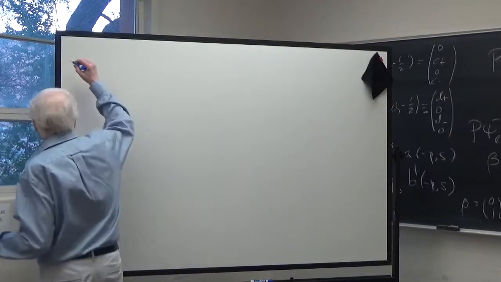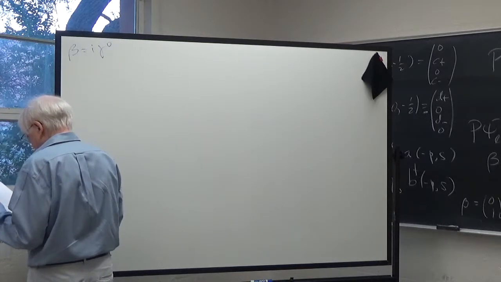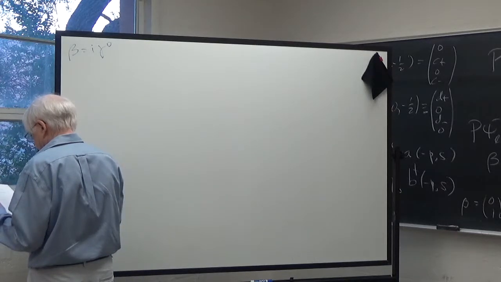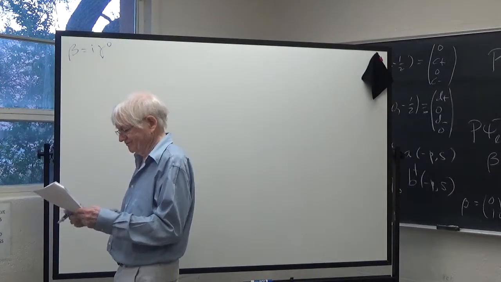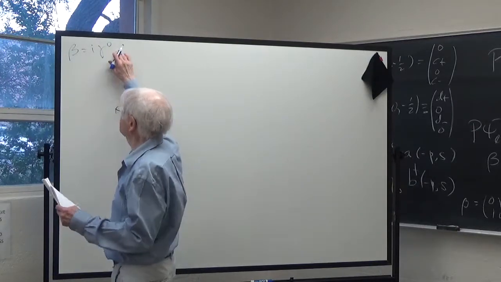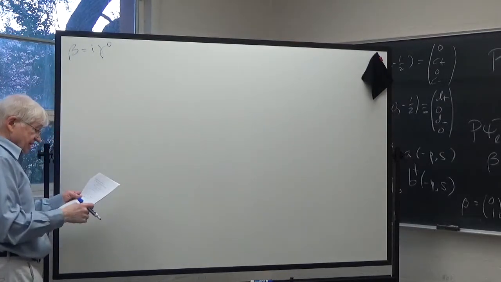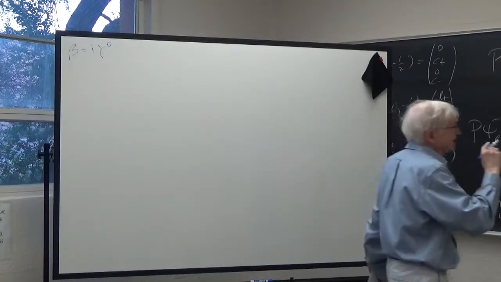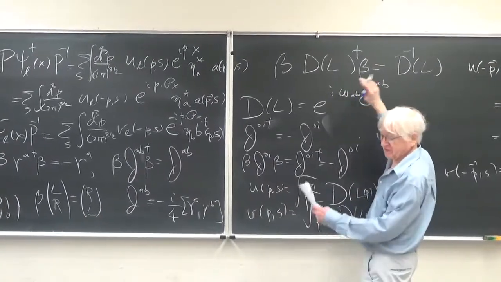Well, remember that beta is I gamma 0. Sorry, I skipped something. Let me go back to the pseudo-unitarity condition again, and now I'm going to write it differently. Here we have D of L. I'm going to multiply this equation from the left and the right by beta.